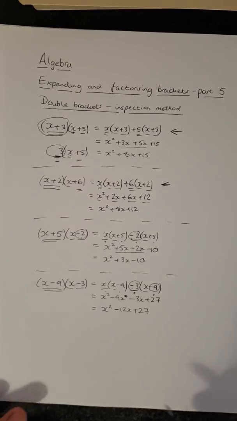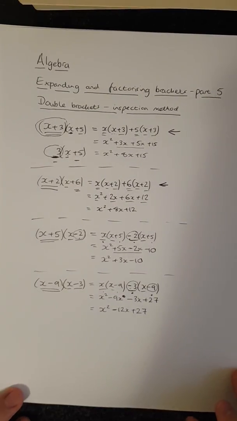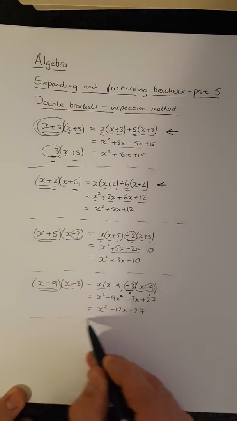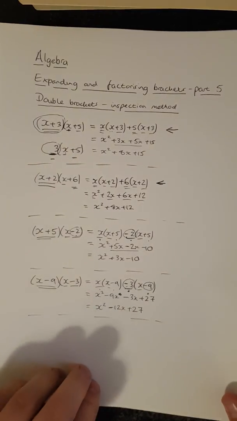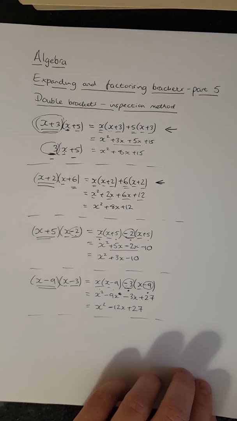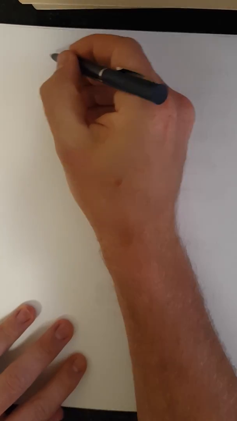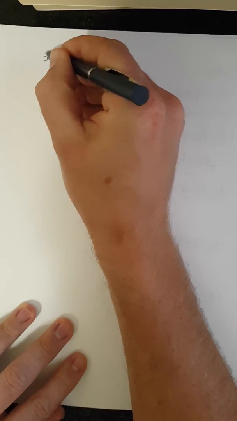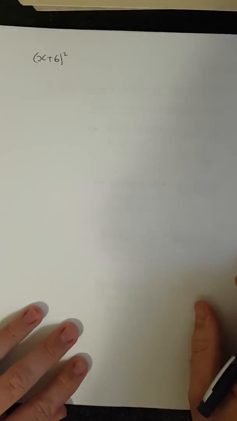Now, those are the basics of expanding a bracket. We're going to look at some more slightly altered situations now, but the same rule applies. First off, we're going to look at a bracket squared.